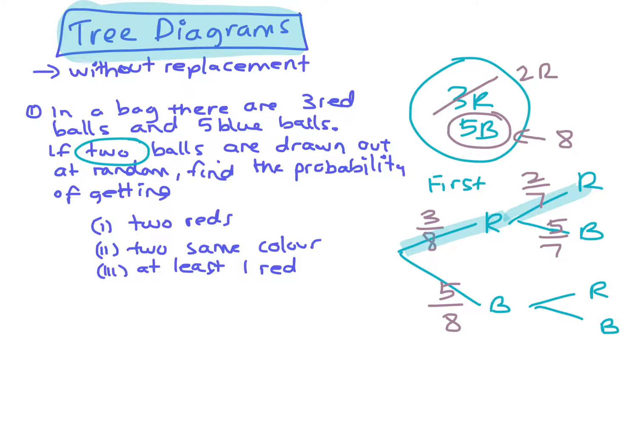Okay, and then looking at the next one, that's 5 on 8 blues. That means if you go down, you need to go down that line. So blue and then blue, because I'm taking a blue out, so that will impact how many blues are left. So there's 4 blues out of 8. That means on the other one, it starts off 5 blues out of 8, and then we take one out, so it's not out of 8, it's out of 7.